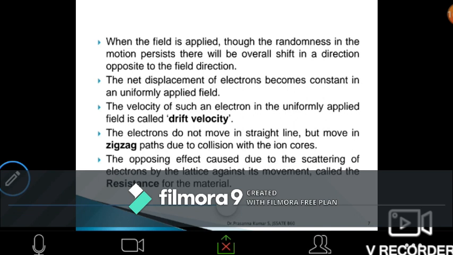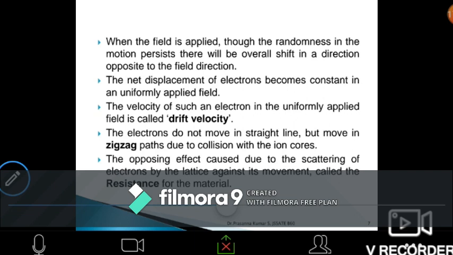Though there is initially randomness in the motion of the electron, because of the external field, there will be an overall shift in the direction of movement of the electrons against the field direction. Initially there are some random motions, but overall as the field is increased, all this randomness goes, and the electrons start moving in one particular direction.